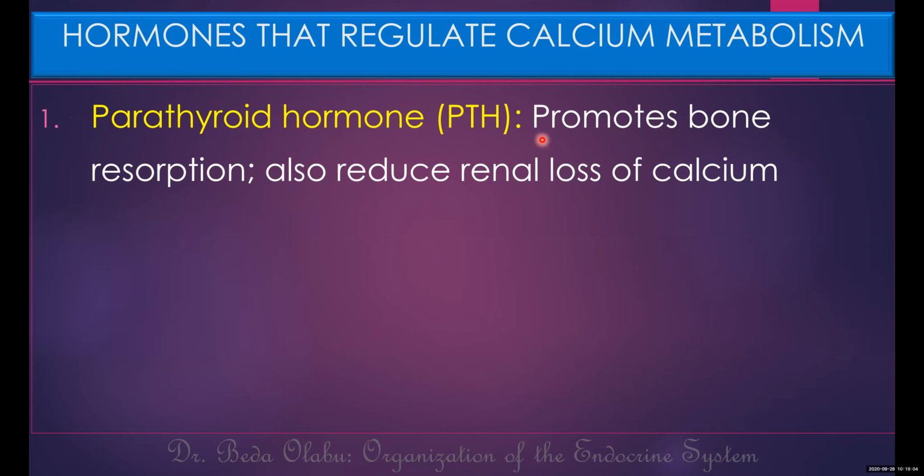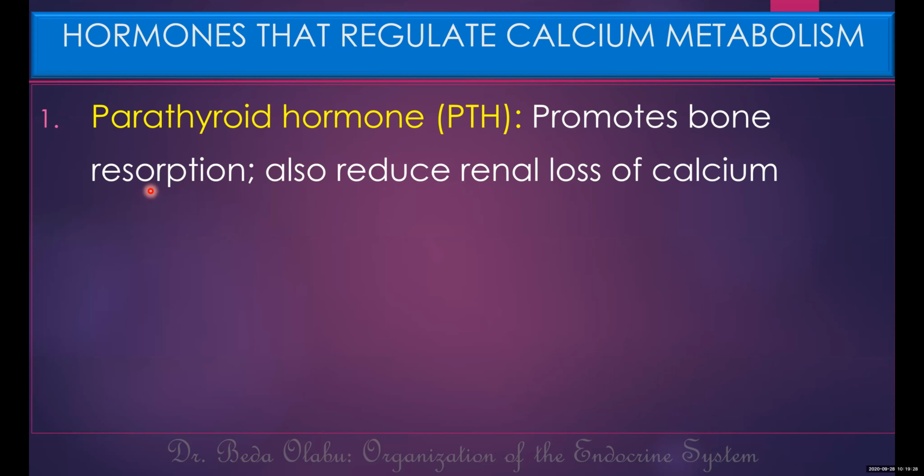So my question to you, let's work with the first mechanism there. If this hormone promotes bone resorption, how will that affect the levels of calcium in blood? Will it elevate or suppress calcium levels?